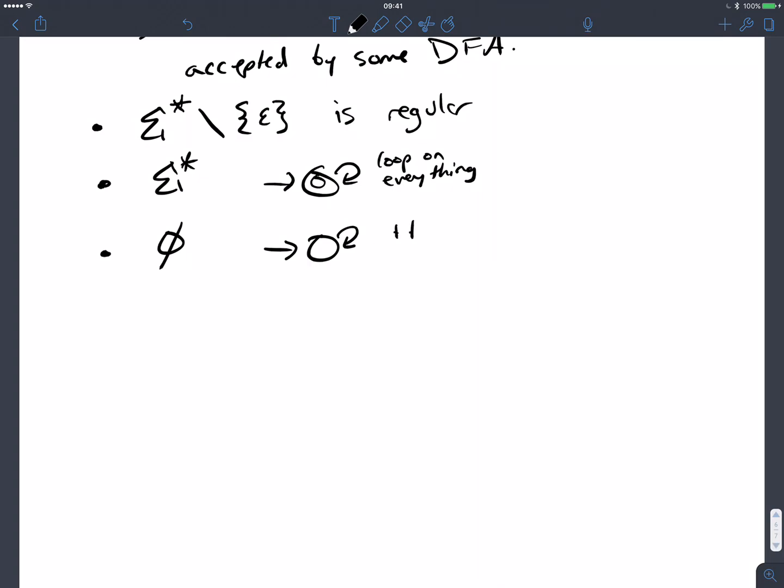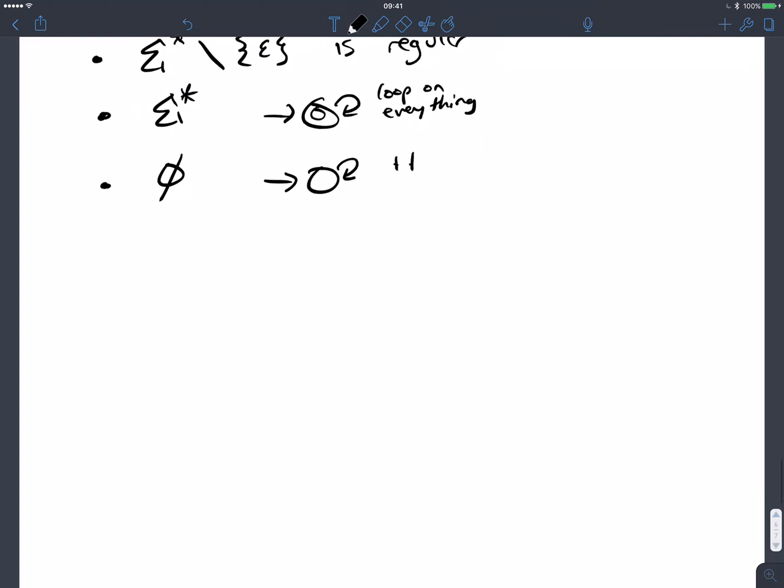Does that DFA right there accept anything? No, because there's no final state. Since it has no final state, it must accept nothing, so its language doesn't have any strings in it, and therefore it's the empty set. Okay? So the empty set is regular as well.